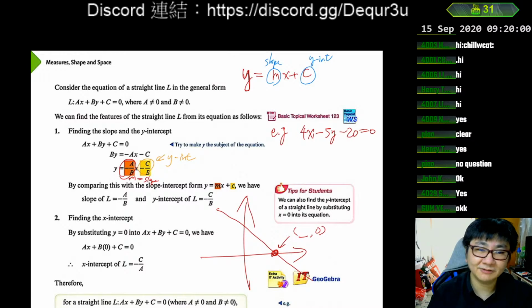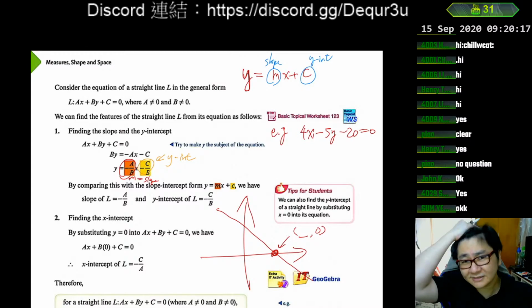I just make up an equation. This is a general form. You see all the terms on one side, the other side 0. If I want to find the y-intercept, I don't need to remember this, because I can make y the subject from this equation really fast.